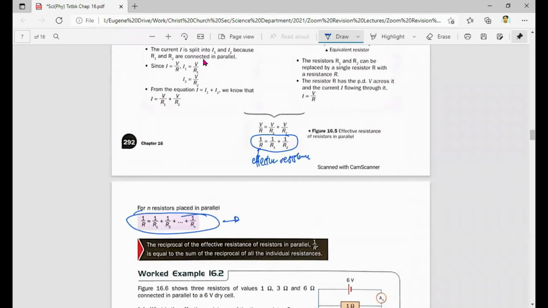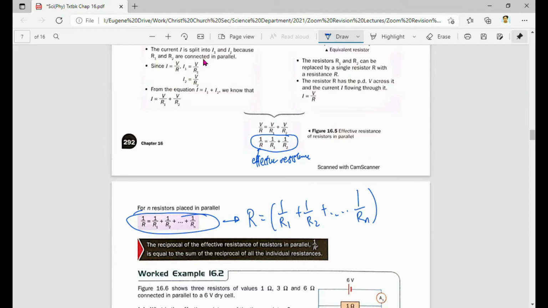Now, for my classes, I actually highlighted that when you key in this formula, people tend to make a very common mistake. They forget to re-invert the whole thing. As such, I say, maybe don't memorize this. Remember the formula as R equals to the bracket of 1 over R1 plus 1 over R2 plus dot, dot, dot, 1 over Rn. What's the bracket here for?